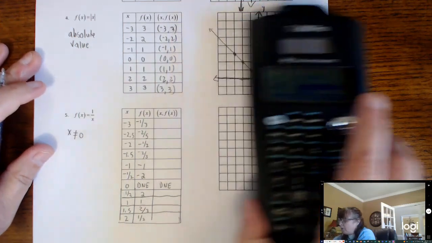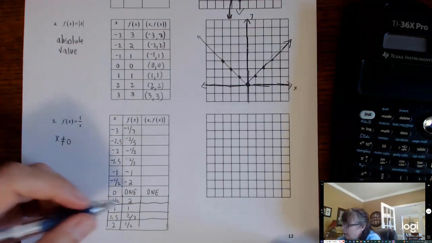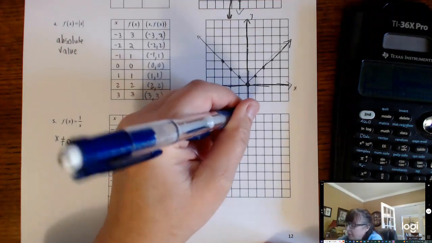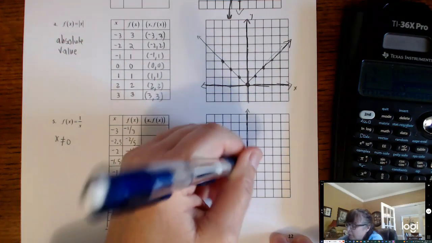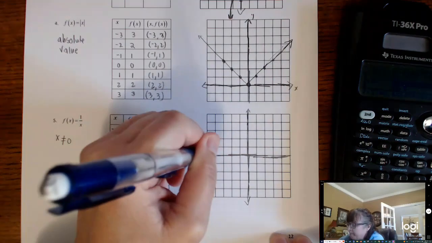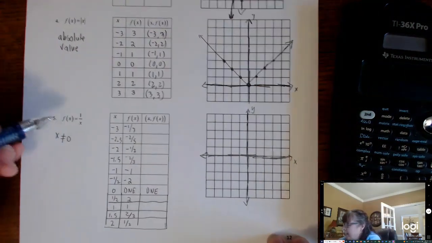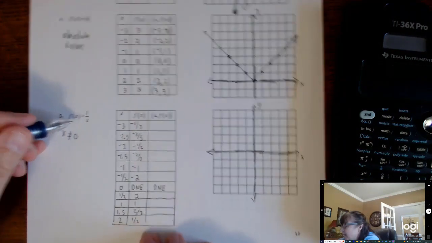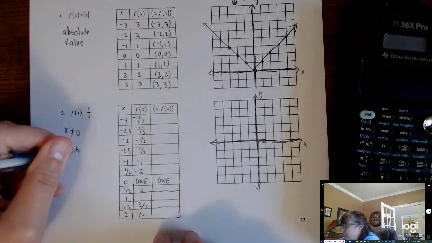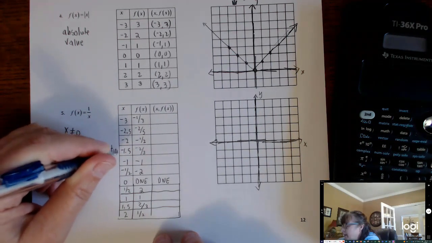All right, so what I want to tell you about is we have to know how to handle this does not exist. It's going to behave different ways on our graph depending on the situation. So let me get my x and y axis drawn. Y-axis, x-axis. And so you should know that if you have 1 over a variable, that's going to give you a rational function. And we're going to learn a whole lot more about rational functions.